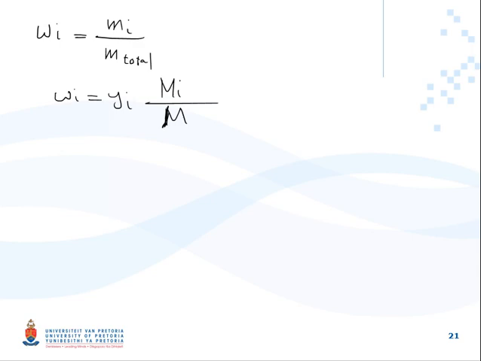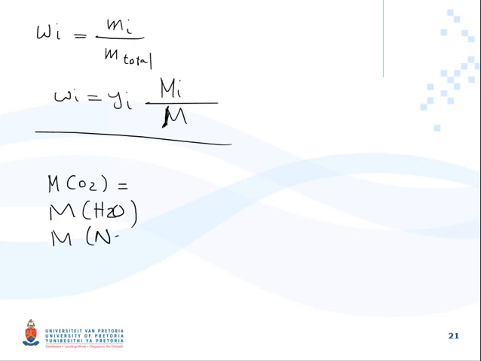Okay, so we have this. We know the molar weight of oxygen, molar weight of water, molar weight of nitrogen. We know them, or if we can't remember, we can go to the table and read them: 28, 18, and this one is 32.